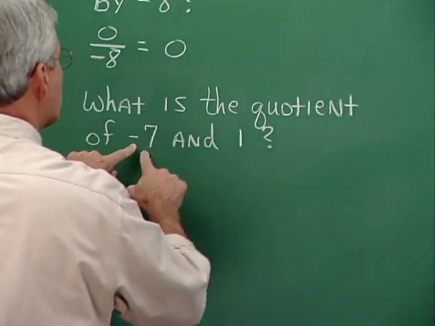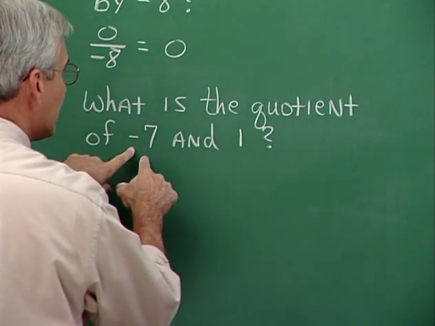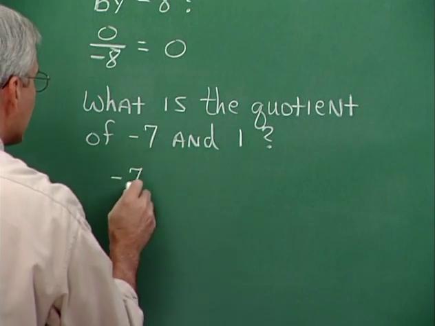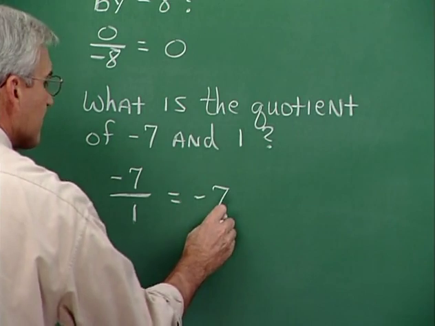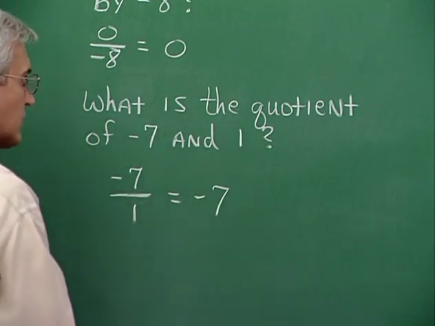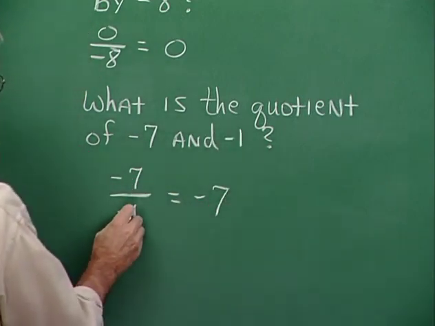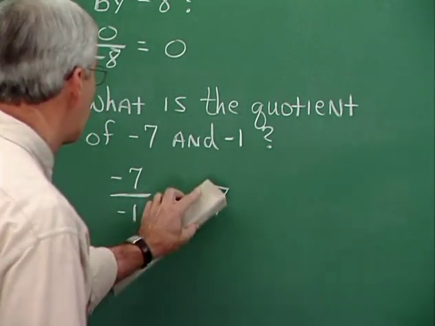The quotient of this number and that one means that's the divisor, and this is the dividend. But generally speaking, in algebra, we would set it up like this, as negative 7 over 1, and this becomes negative 7. You see, an integer divided by 1 gives the integer itself back. Now, if this were negative 1 and this were negative 1, then we have negative divided by negative, which gives us a positive result.